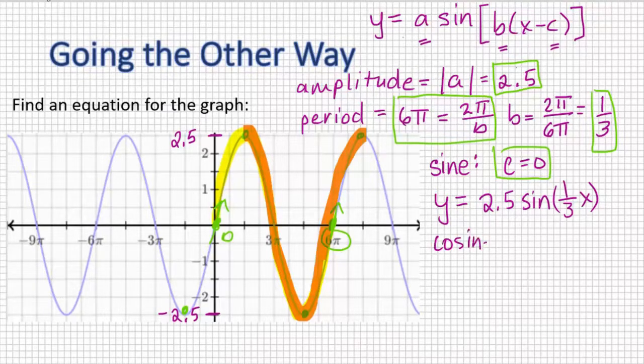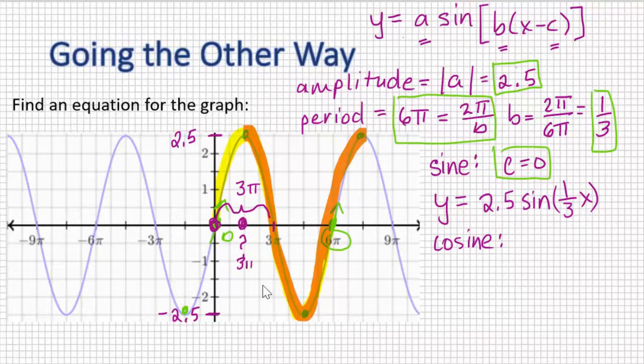If we assume that this is a cosine graph, also valid, we can see that it's actually a cosine that's been shifted. It's been shifted from the origin to this first tick mark. What is the value of the tick mark in between? Well, if we travel 2 tick marks from 0 to the second tick mark, we've traveled a distance of 3 pi.